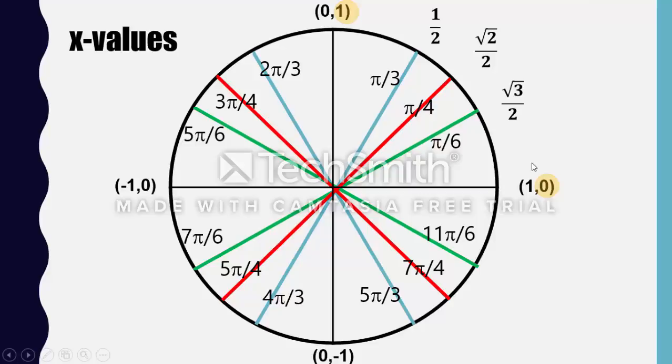Let's look at the y values. Notice here I have a 0 down at the positive x-axis, and then up here at 90 degrees I have 1. So I want to write the numbers 1, 2, and 3 in ascending order, going from 0 up to 1.